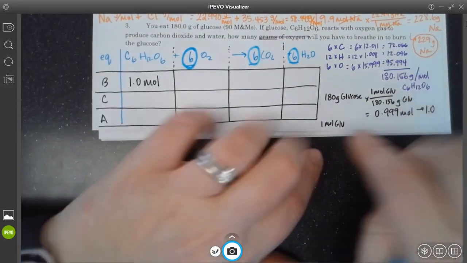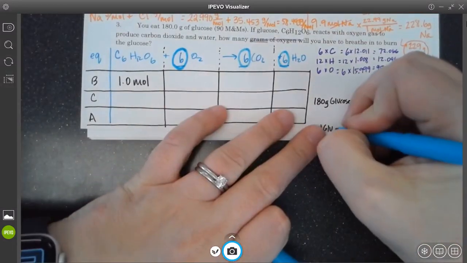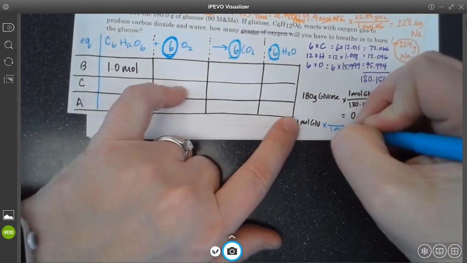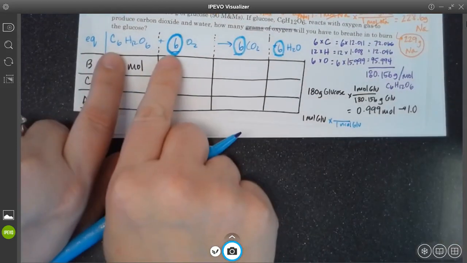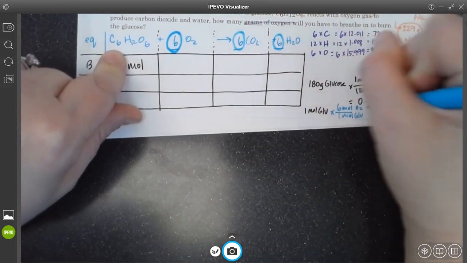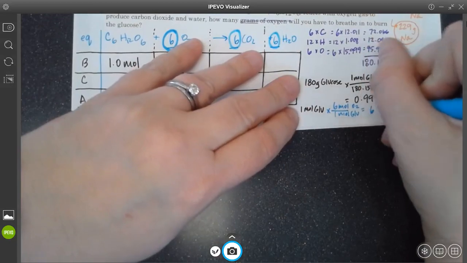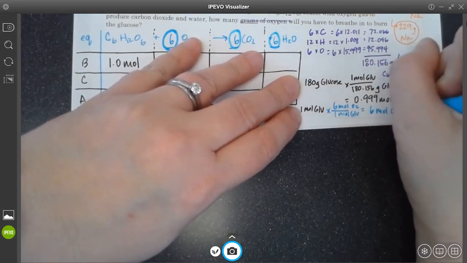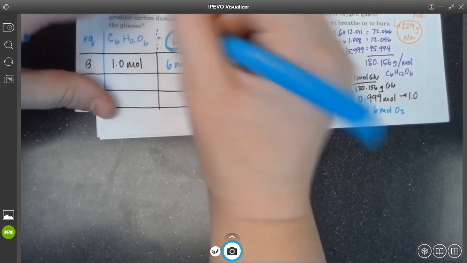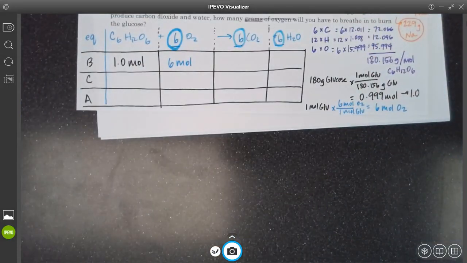So I'm going to take my 1 mole of glucose and multiply that by a ratio. For every 1 mole of glucose, I'm going to need to use 6 moles of oxygen. So that means I'm going to have a total of 6 moles of oxygen that gets consumed, right? So that's going to go here. 6 moles is what I use.